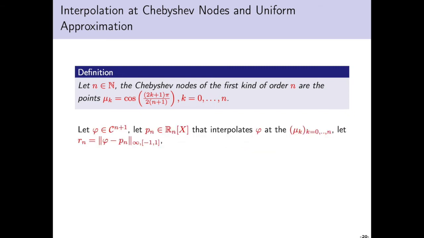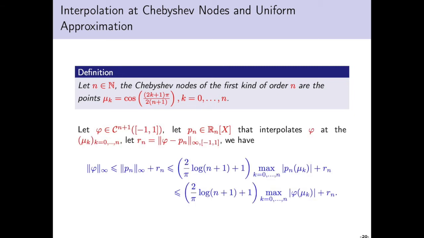So now we're back to a general function f. Okay? So assume that f is in C^(n+1) of [-1, 1]. Pn is the interpolation function of f at the Chebyshev nodes. And we call Rn the approximation error. Okay?